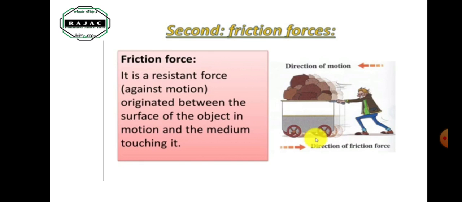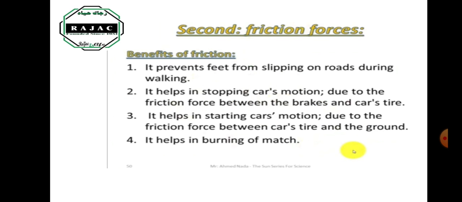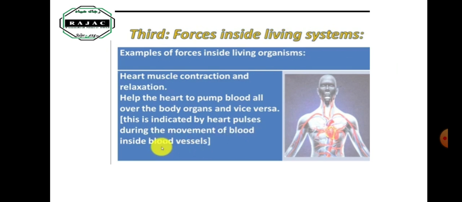But the friction force is the resistant force. It means against motion. Against motion, it means what? It means the friction force causes slowing down or stopping the motion of the object. And we talked about the give reasons. We have to give reasons in this point, and we talked about the benefits and harms of friction force.